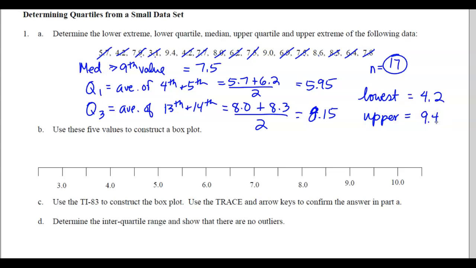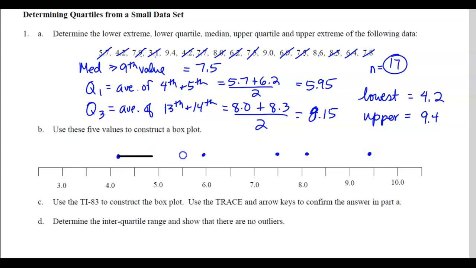Okay, so take a look at the scale. Each marking is 0.5, so 4.2 would be about there. Quartile 1 is almost 6. Median is 7.5. Quartile 3, 8.15, so about there. And upper is 9.4. Okay.